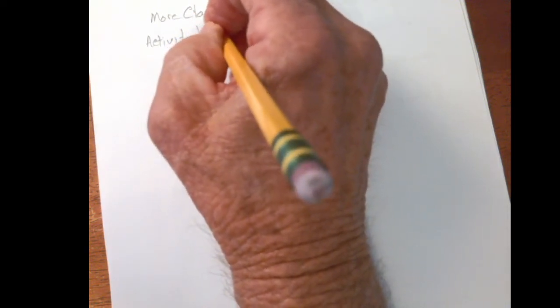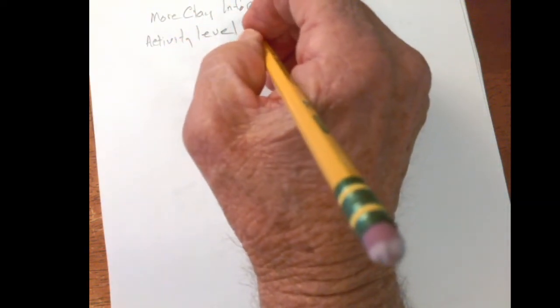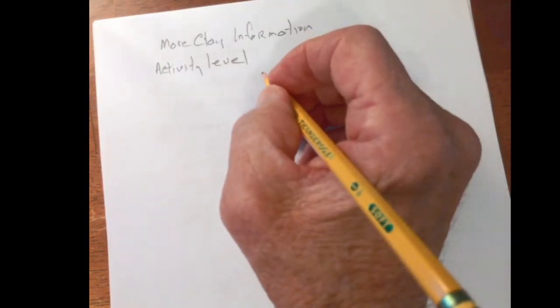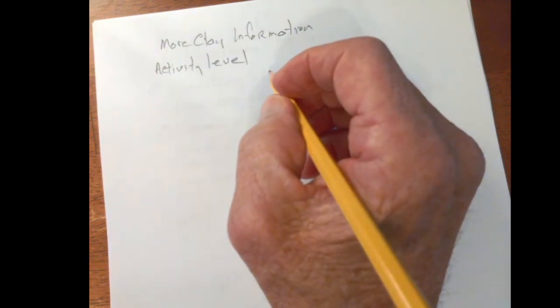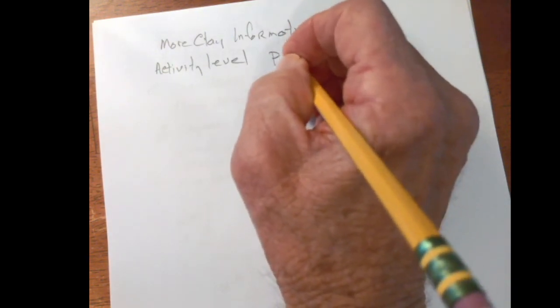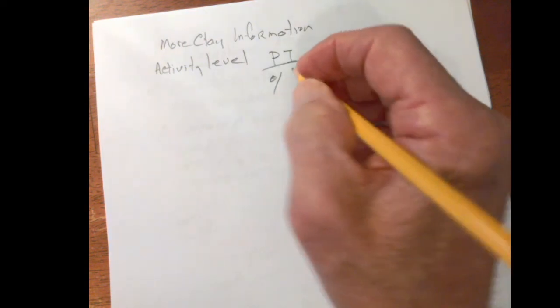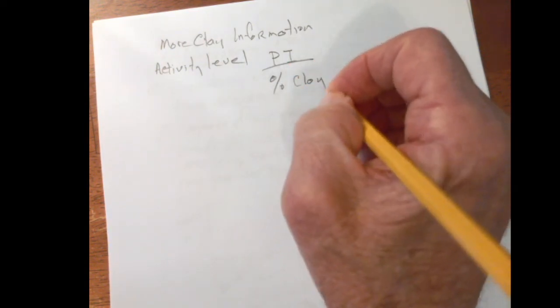Okay, so the activity level of clay, which is computed by, I'm going to repeat that, the plasticity index divided by the percent clay fraction.